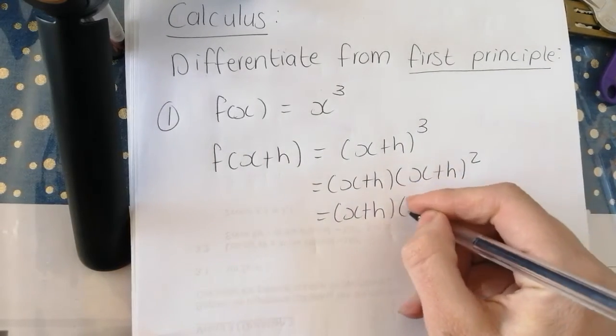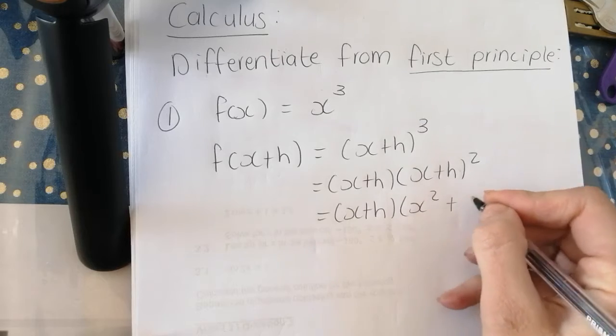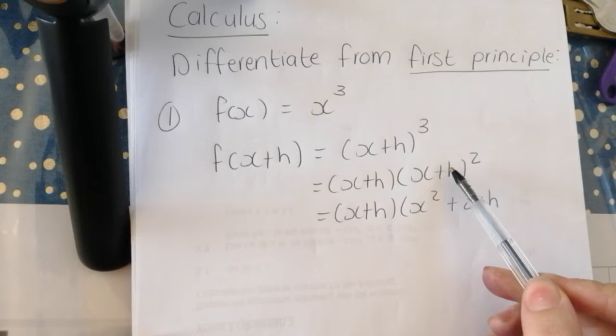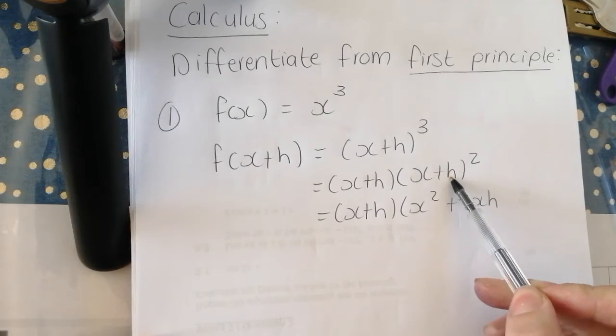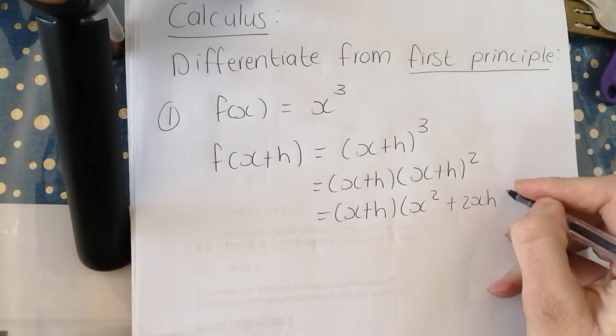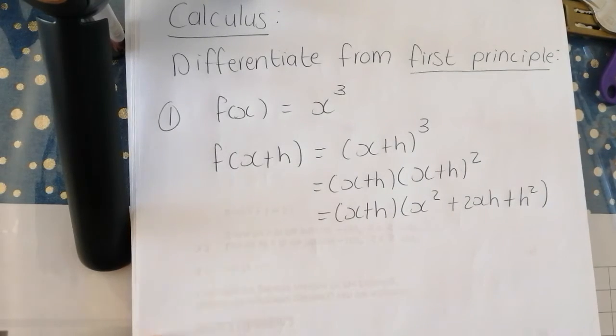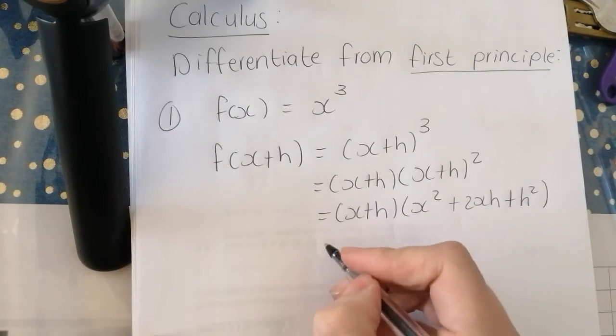And we can say this is x squared plus 2xh, because remember, square the first one, times them with each other, times by 2, and then you square the second term like that. Okay, now what we have to do is we have to times this in.